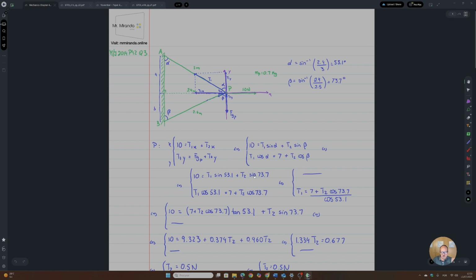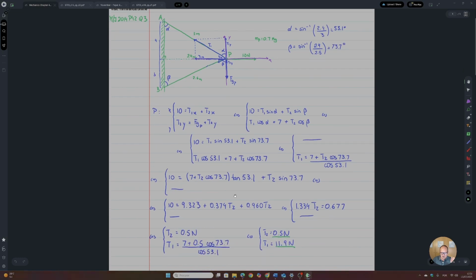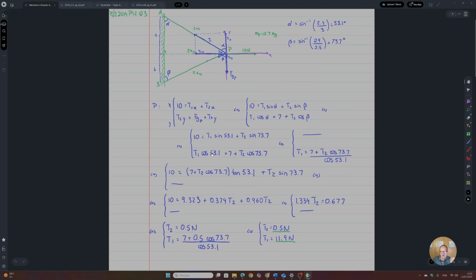Okay, so just substitute. I use the bottom one to put everything in terms of T1. So T1 is going to be 7 plus T2 cosine of 73.7 divided by cosine of 53.1. I substituted that on top over here. Okay, don't forget that sine of an angle divided by cosine of the same angle is a tangent of that angle.